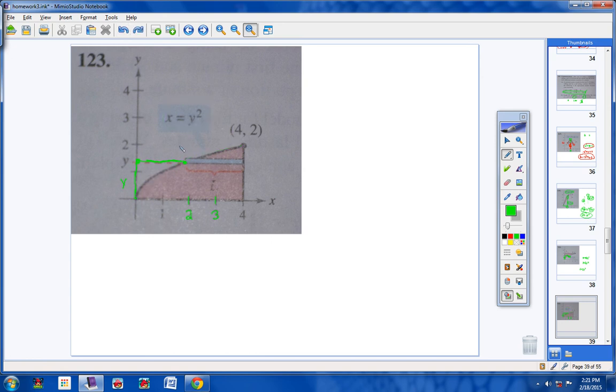So put y into the equation, which obviously is going to give the same thing out. Put y in for y, and you get y squared. So the distance from here to here is going to be y squared.